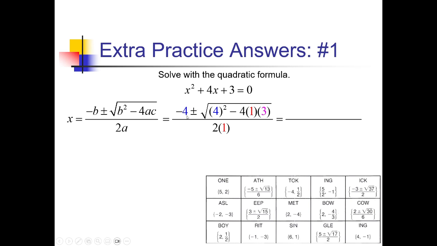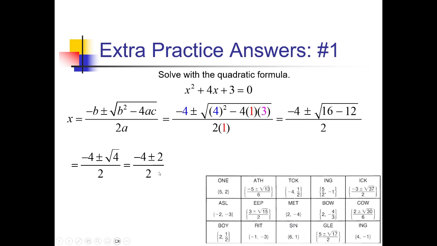So we've got negative 4, and then this inside here is going to be 16 minus 4 times 1 times 3, that's going to be 12, all over 2 times 1, which is 2. So this is negative 4 plus or minus the square root of 4, all over 2. So negative 4 plus or minus 2 over 2.